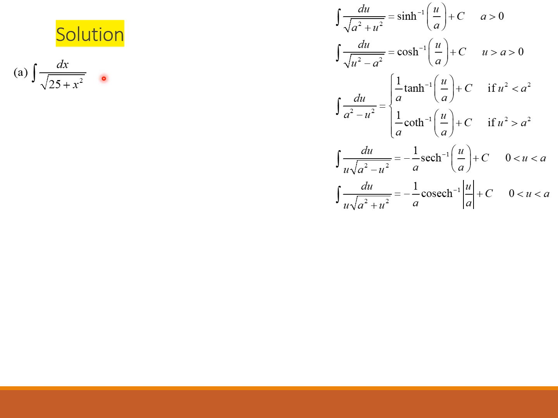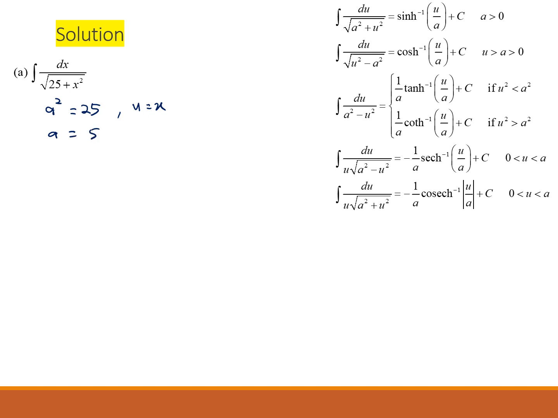Given that you have to evaluate the integration of dx over square root of 25 plus x squared. If you notice here, it follows the first formula where a squared is given as 25, and u squared is x squared, so u is represented as x, and a is equal to 5.